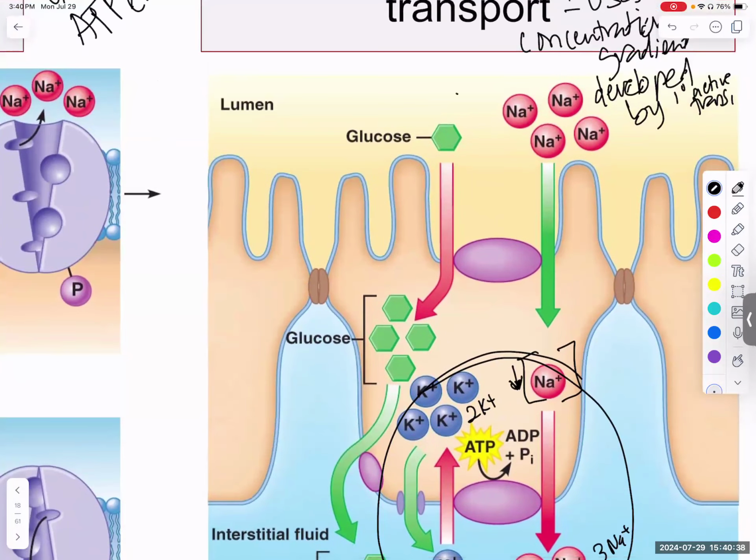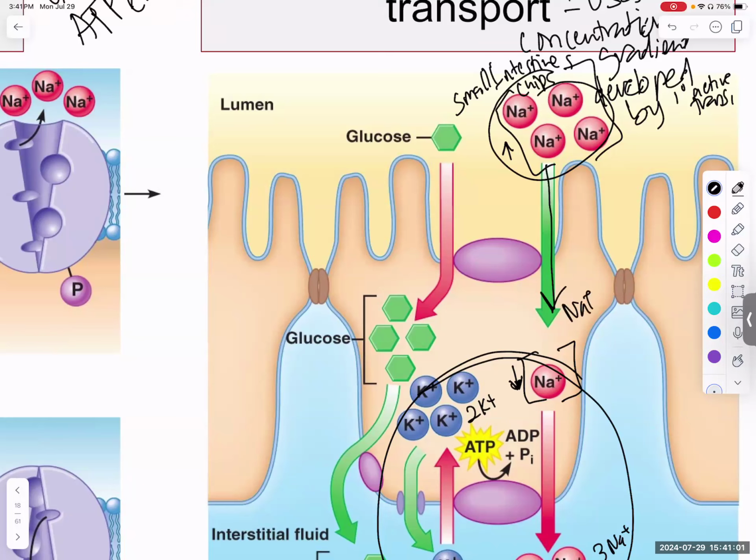And if this is the inside of, say, your small intestines, and you had some yummy chips and there's sodium, it's going to be high concentration out here in the inside of your small intestine and low inside the epithelial cell. And so now we have this concentration gradient where sodium has a drive to come down. And anytime you have things coming from a high to a low, there's a release of energy.